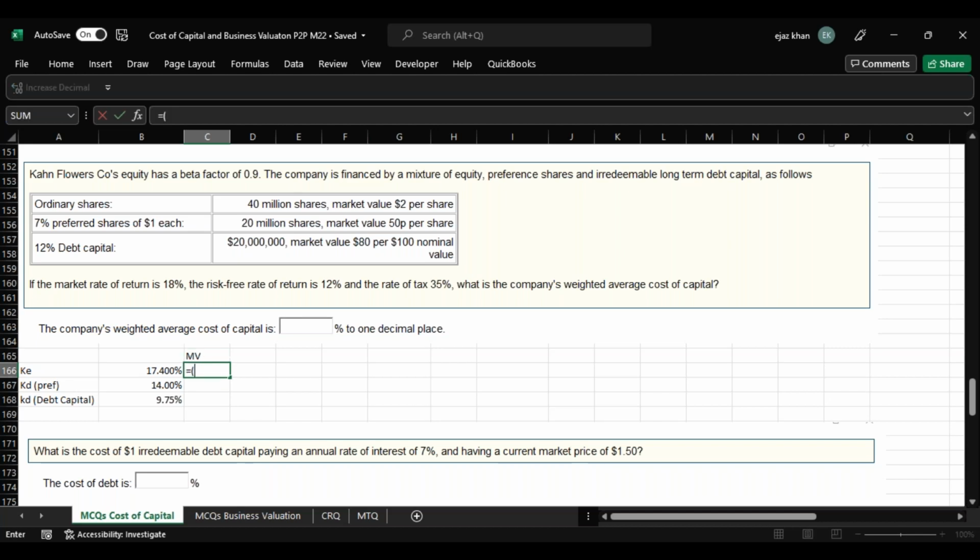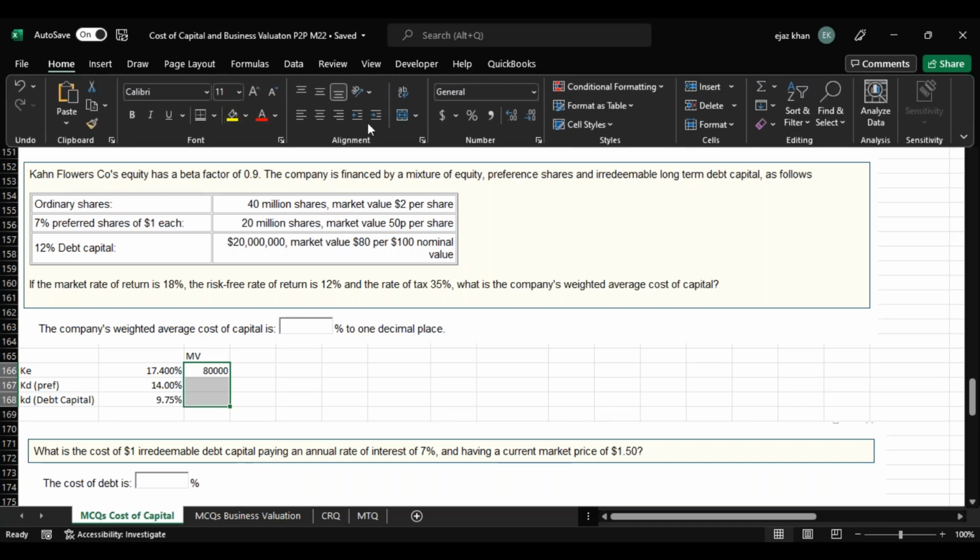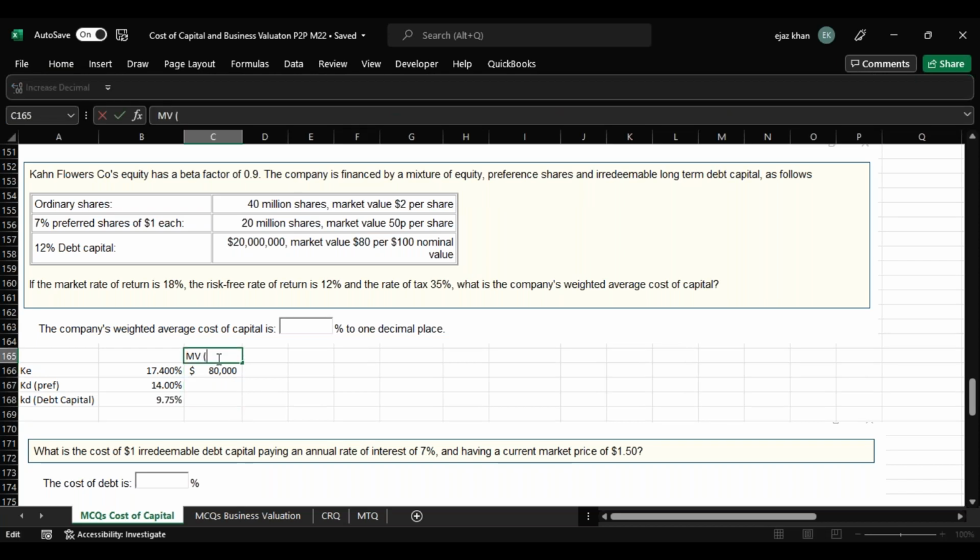Market value of equity: the total par value is 40. They have already given us the number of shares, so we don't need to divide it by anything. So 40 million shares, which means 40,000 into $2 per share market value, so 80,000. These figures are in thousands.